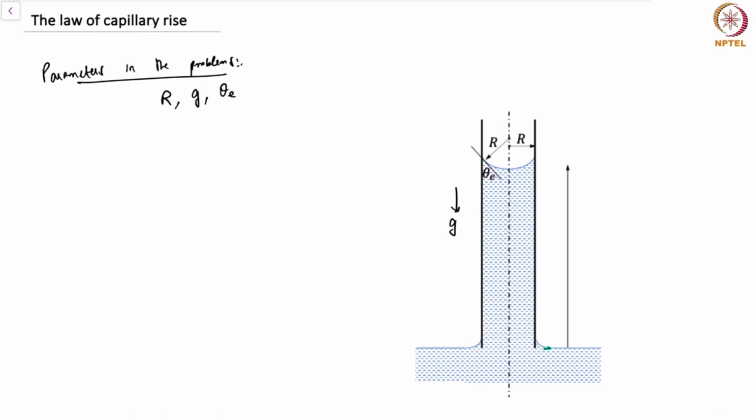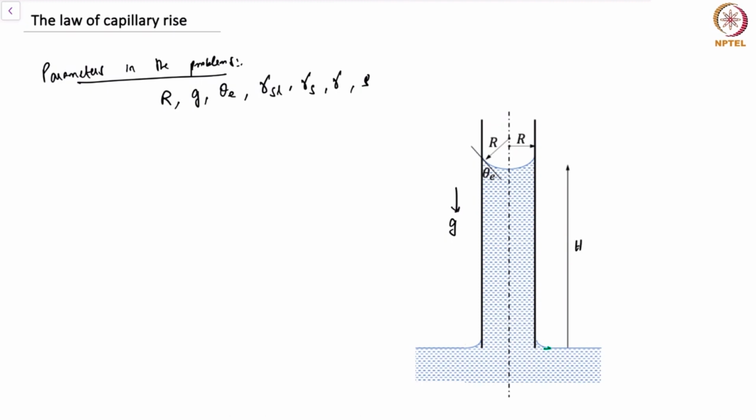Then we have various surface energies, or let's just call it surface tension. Or if I want to be precise, we have the solid-liquid surface energy, then the surface energy of the solid, and the surface tension. And finally, we have the density rho, or you can even say delta rho, the density difference.